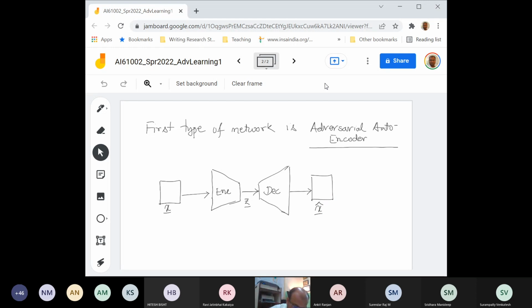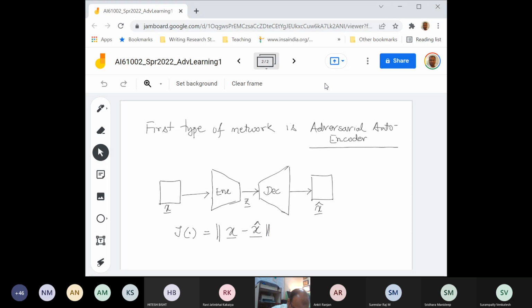And the way you train these is that your loss function is written down as an L2 norm between X and X predicted.